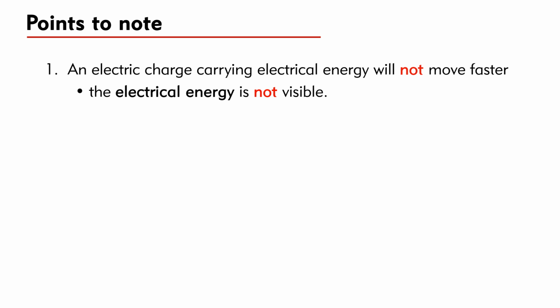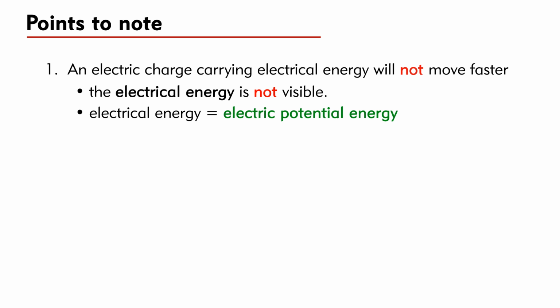We say that the electrical energy carried by the charge is electric potential energy, similar to gravitational potential energy. The electrical energy stored in the charge enables the charge to do work as it moves through the electrical devices. This work is energy transfer from electrical potential energy to other forms. During the process, the charge does not slow down. Instead, it keeps on moving at a constant speed.